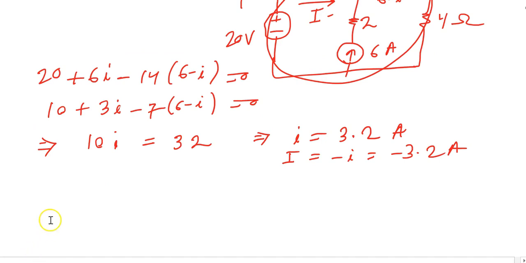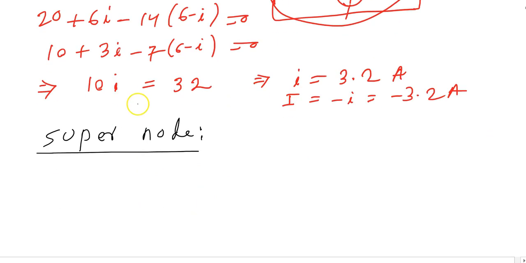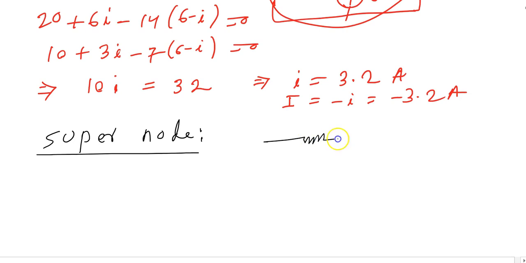Next we will discuss super node. When a voltage source is directly connected between two nodes, excluding the reference node, we have a super node. Example.